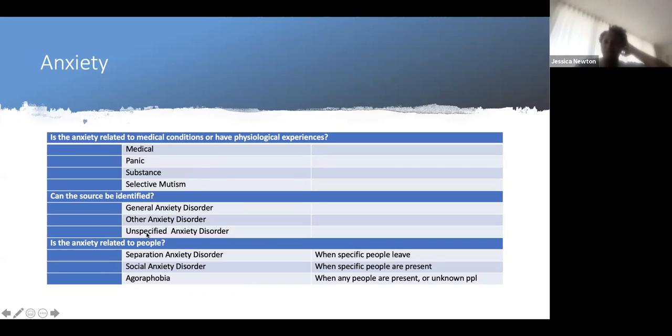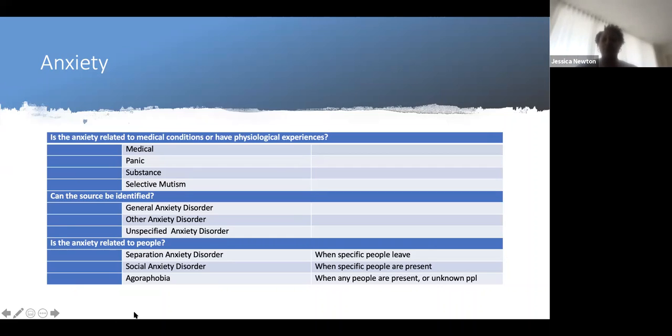And if there are no medical conditions that are involved here, then can the source of anxiety be identified? What is it that's bringing on that anxiety? And if we're not able to, then we have three diagnoses that allow us some flexibility, which are generalized anxiety disorder, other anxiety disorder, or unspecified anxiety disorder.